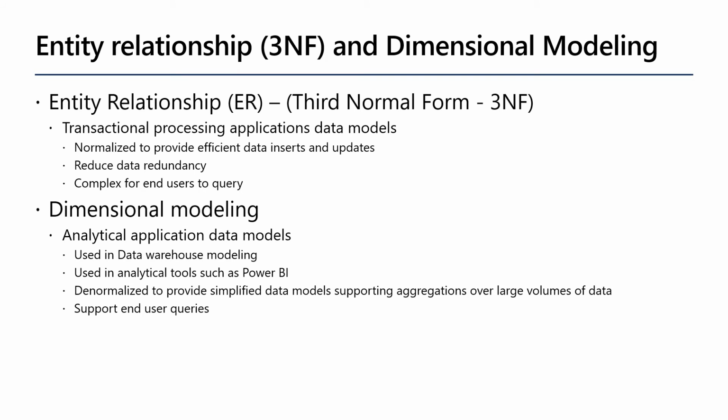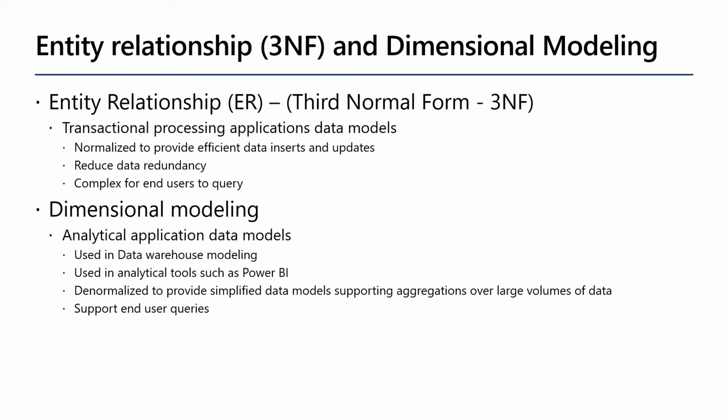I'd like to introduce the concept of dimensional modeling by comparing it to entity relationships or third normal form schema design. Now, entity relationships or third normal form schema design is used generally for transactional processing or OLTP, online transaction processing applications.